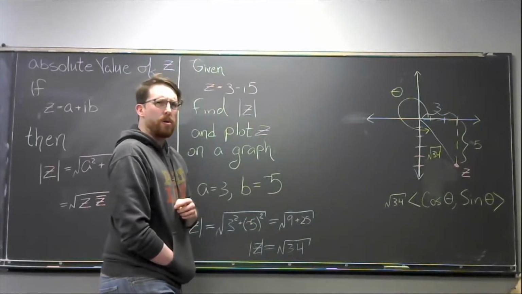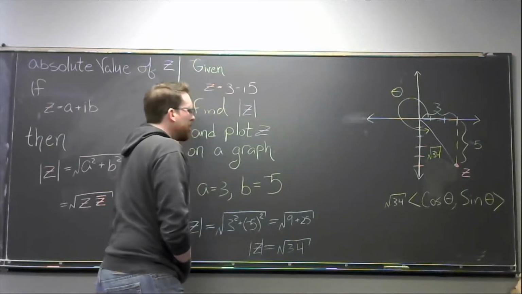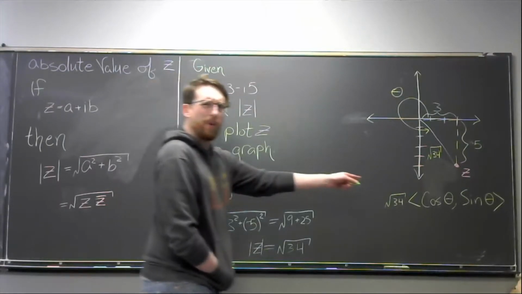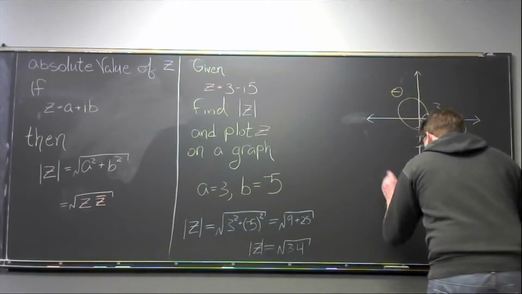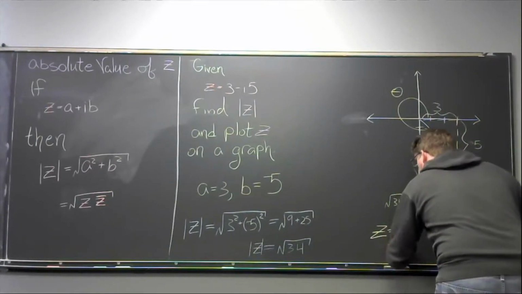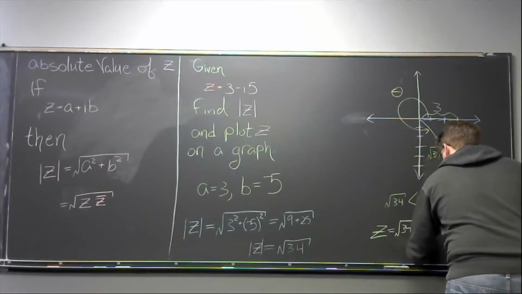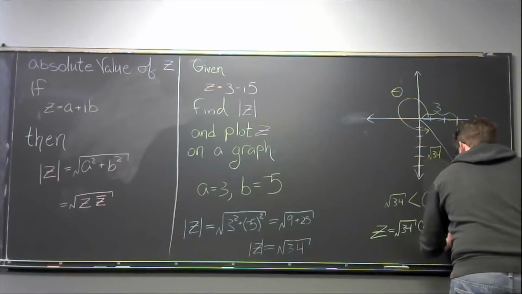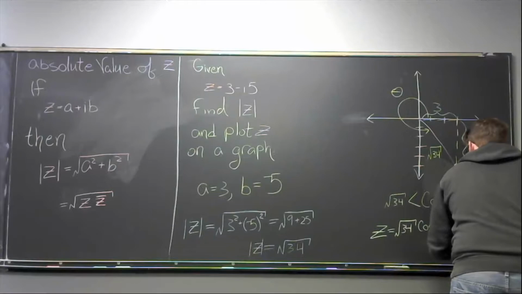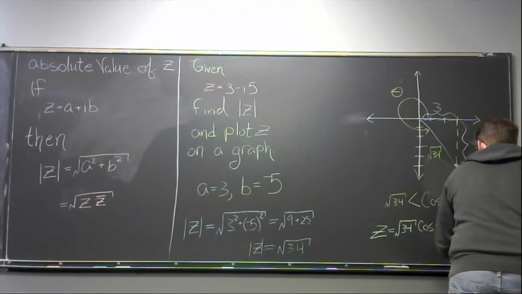That must mean then that we can rewrite this z. z is equal to the square root of 34 times the cosine of our angle plus imaginary i times the square root of 34 times the sine of our angle.